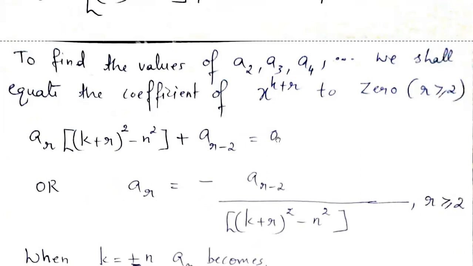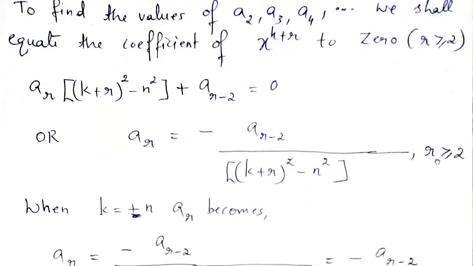Now this is a recurrence relation, and using this recurrence relation, you have to find the values of all these required terms. So what will be ar from this equation? ar will be equal to minus a(r minus 2) divided by (k plus r) whole square minus n square, where the value of r should be greater than or equal to 2, because you have already dealt with a0 and a1, so we have to take the remaining cases. So r is greater than or equal to 2.